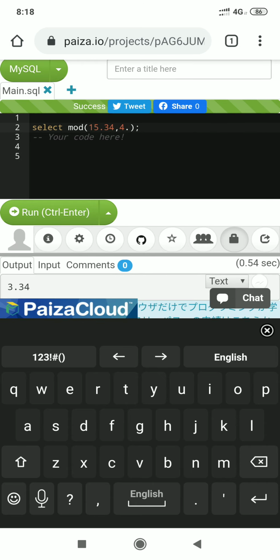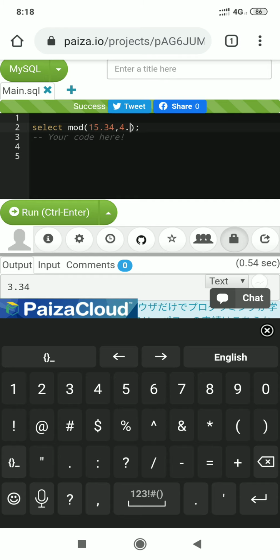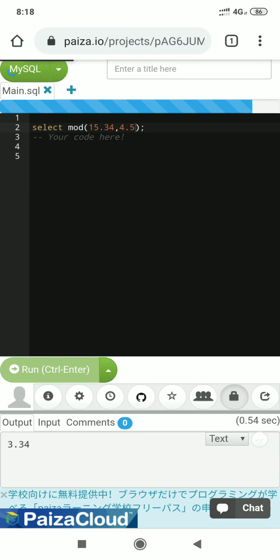Now I divide it by 4.5. This answer will change. It changes to 1.84. It means 15.34 will be divided by 4.5 exactly, and its answer will be 1.84 only.